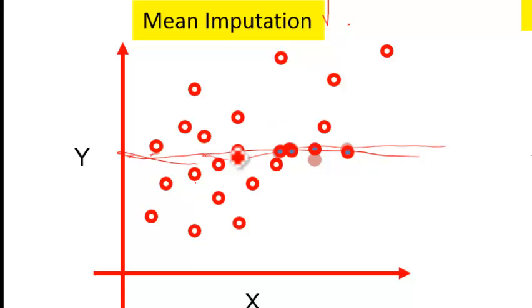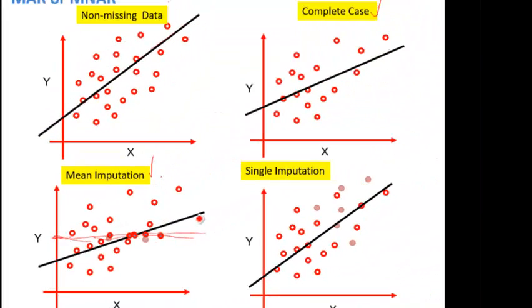So you are creating this cluster of imputed data around the mean of y. When you do that, let's see what happens. You plot the regression line on this, and this regression line is also different from the true association. So mean imputation is being used a lot, but it's not the recommended method. And this doesn't work even with missing completely at random data.